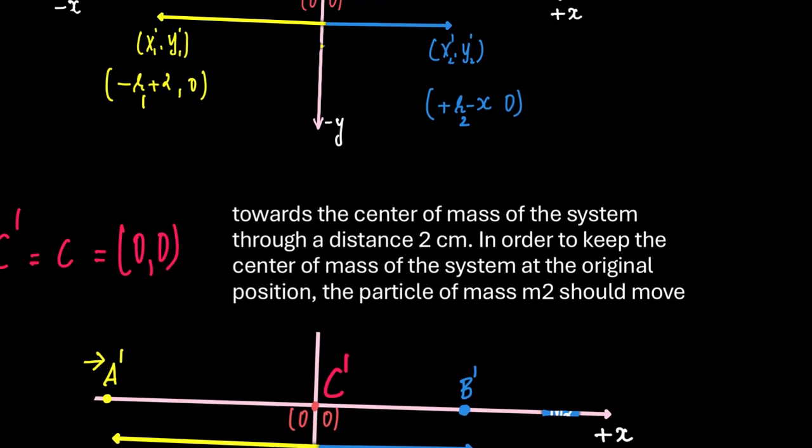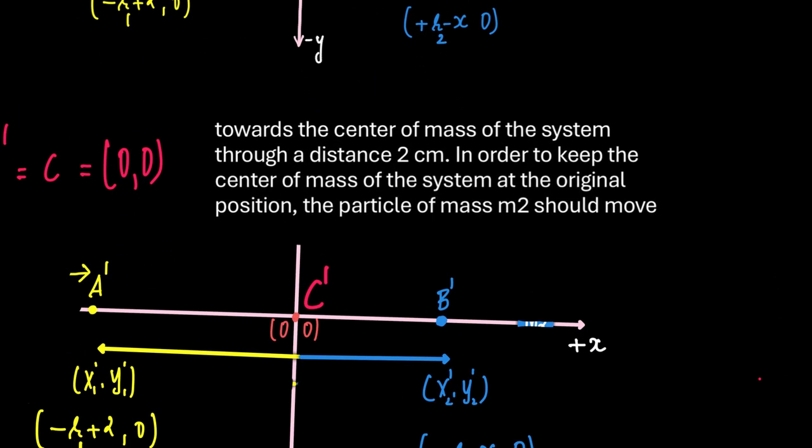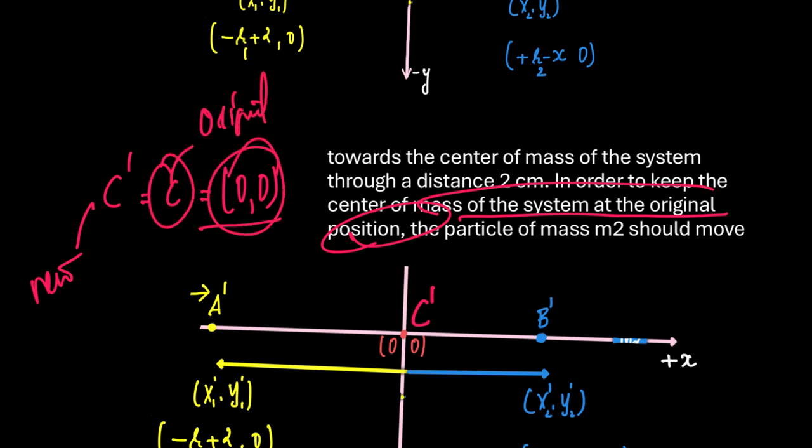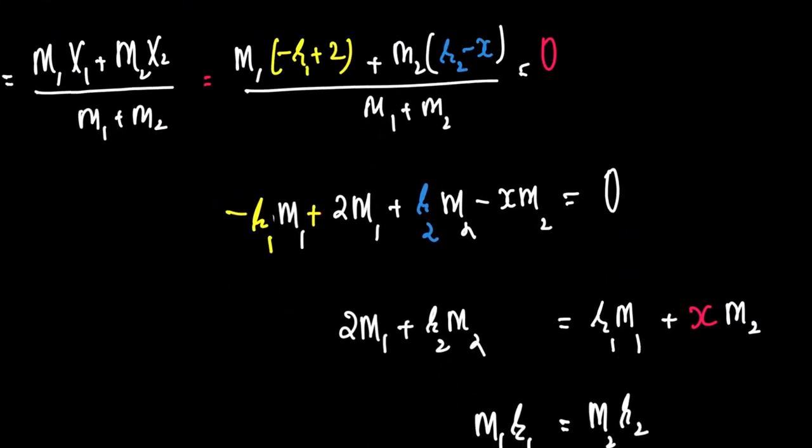And why is it still at the origin? Because it is given in the question that the center of mass is at the original position. And what is the original position? The original position is C. What is C? Origin 0, 0. So C dash, which is the new position, and C, which is the original position, both of them are equal to 0, 0. Therefore, x bar, y bar, both cases are equal to 0.